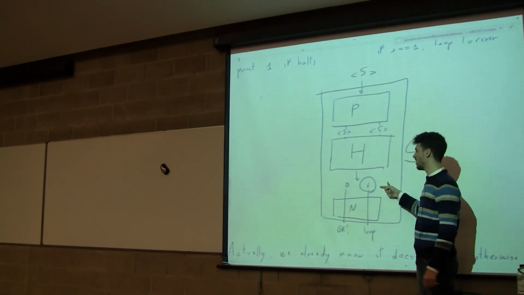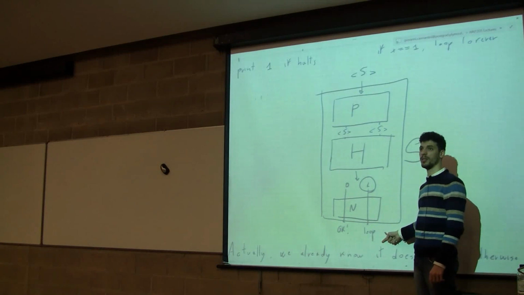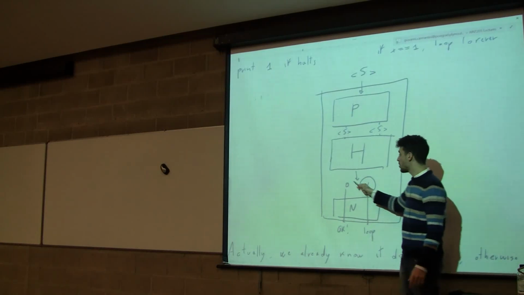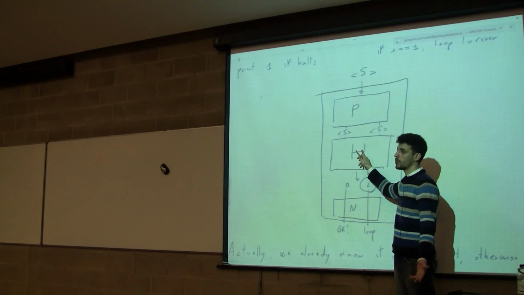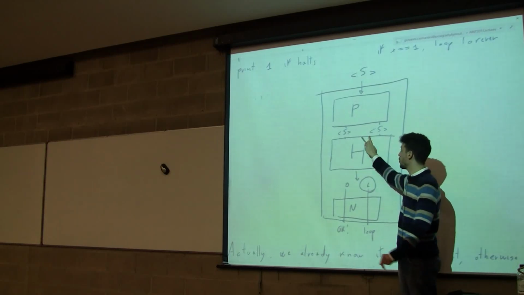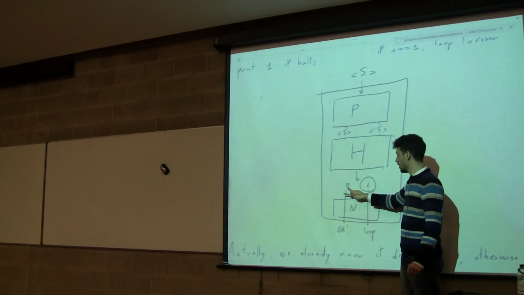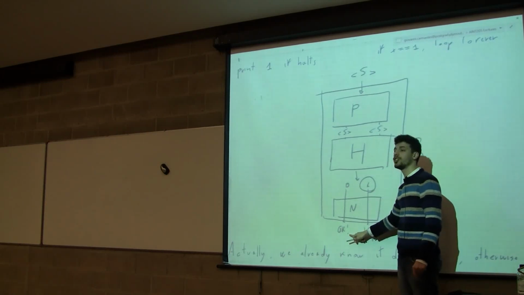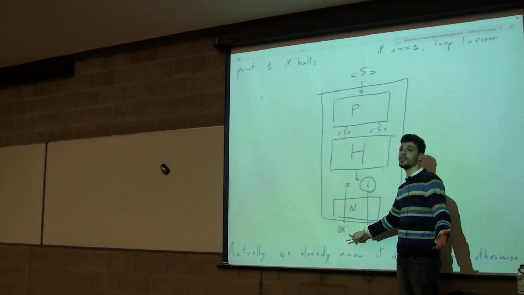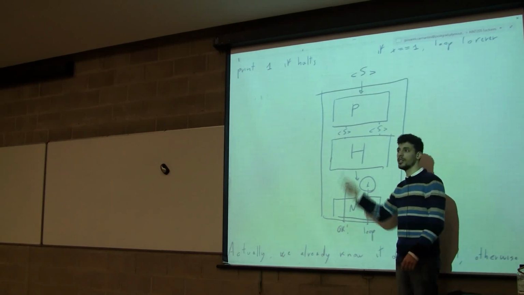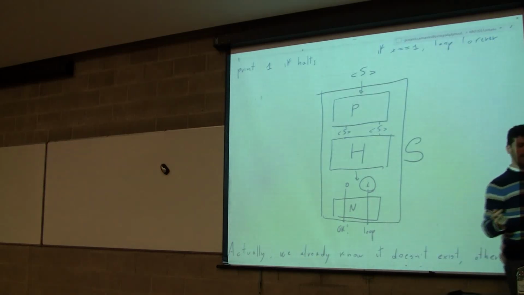So you're saying it halts, but the machine loops forever. The other possibility is that H responds, no, S loops forever when you input S. But that's wrong, because the negator machine then accepts and prints OK. So it halts. You see? So something is wrong here.